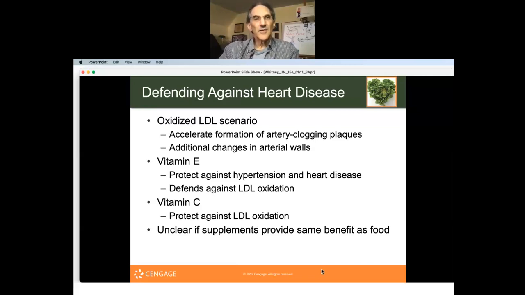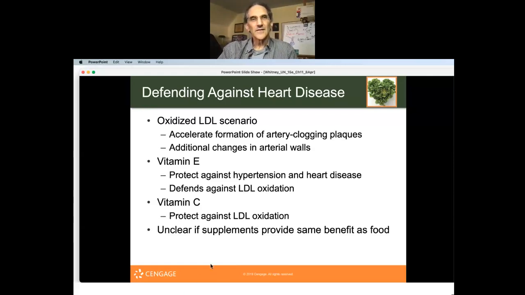So part of what could be oxidized, and is vulnerable to accelerating certain damage in the artery, is oxidative damage to lipoprotein, right? Low density lipoprotein in particular. Remember, that's the transport for cholesterol and triglycerides.